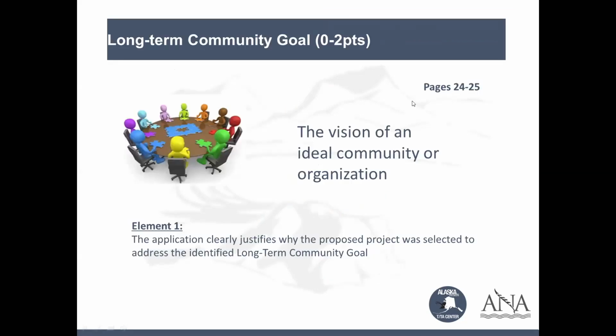The long-term community goal, as I mentioned, is the vision of an ideal community or organization. This sub-criteria is worth 2 points. There is only one element to address, and you're going to clearly justify why your project was selected to address this particular long-term goal.